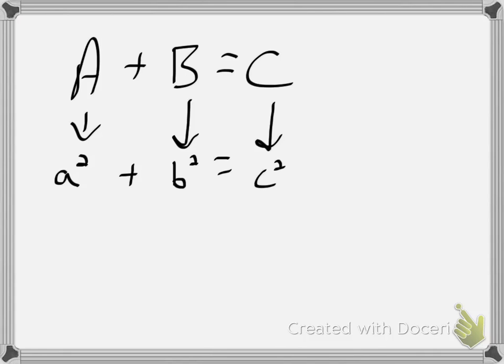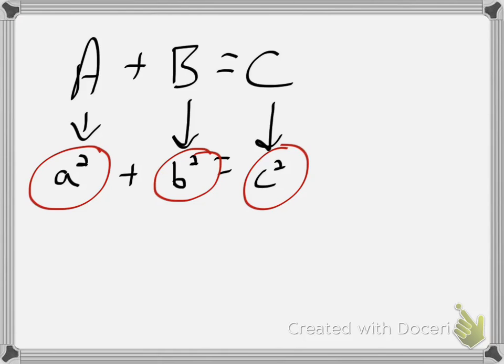We know that the area of A is formed by its sides, little a times little a, which is a squared. And then the area of the B box is formed by little b times little b, the sides. And that should equal the area of C, which is also C times C. And that's how they get Pythagorean theorem.